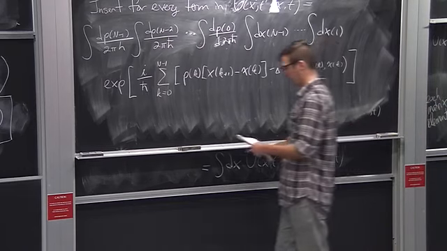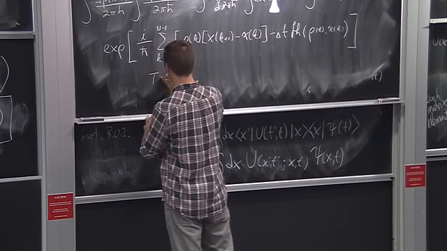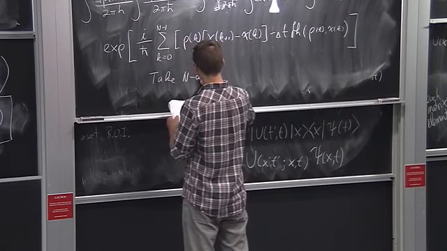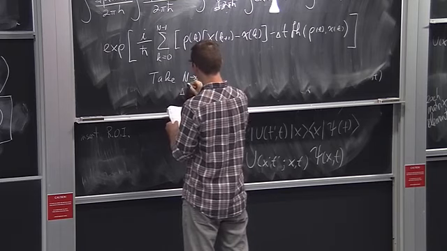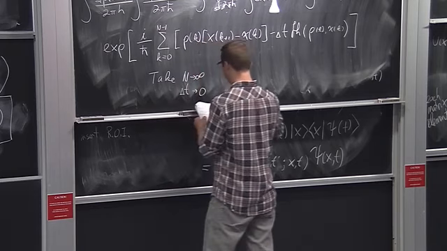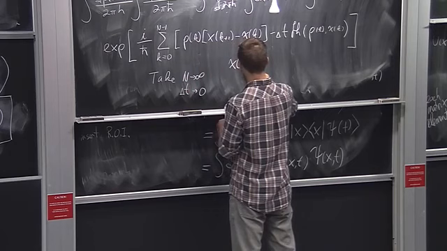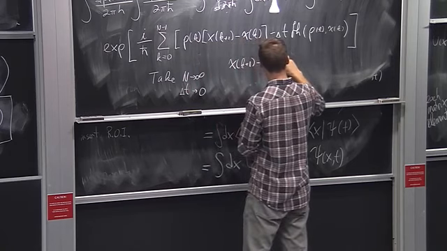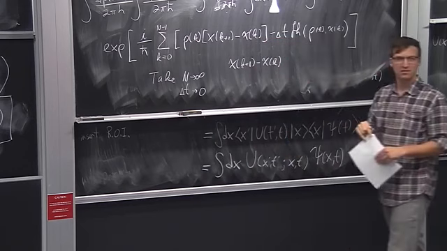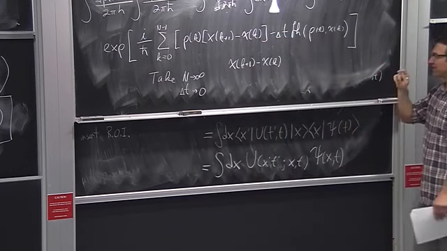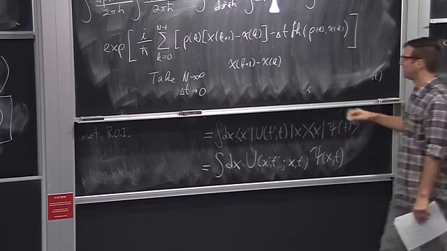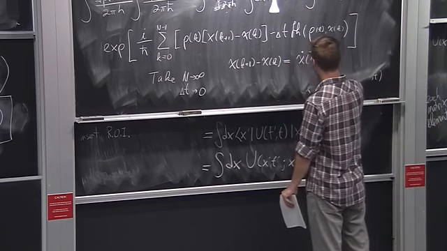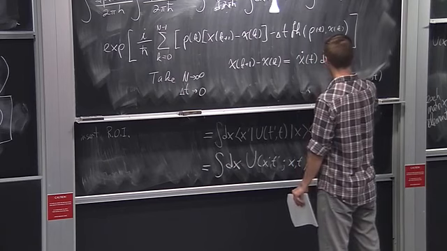So let's take n to infinity so that delta t goes to 0. So dk, which in discrete form is just this. By chain rule, or sorry, dx over dt. So that's the same as saying x prime. But by chain rule, you need another dt there.